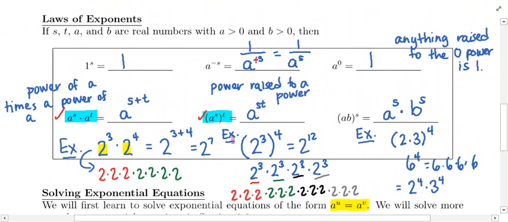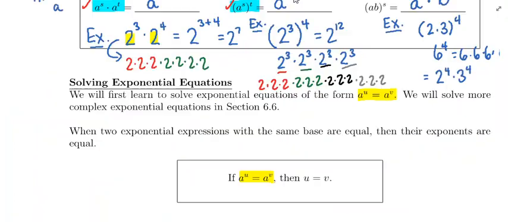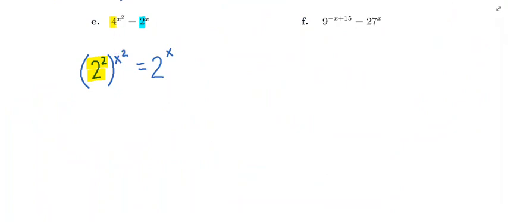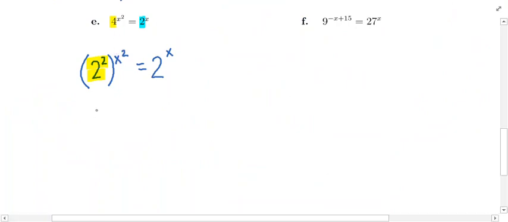If you can see where my cursor is, if you have a power raised to a power, you multiply the exponents. So since we have a power raised to a power, we multiply the exponents. We're going to keep the base of 2. We're going to multiply the exponents. 2 times x squared is 2x squared. That is going to be equal to 2 to the x. You have to simplify the exponents before going on.